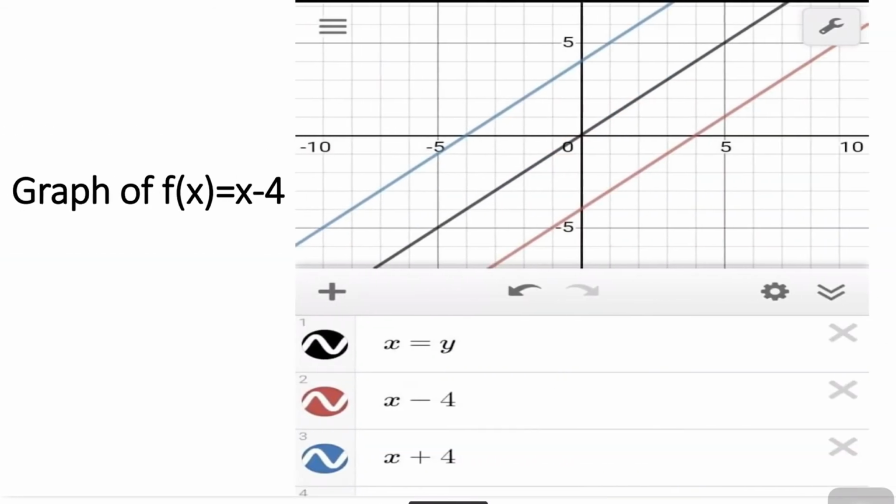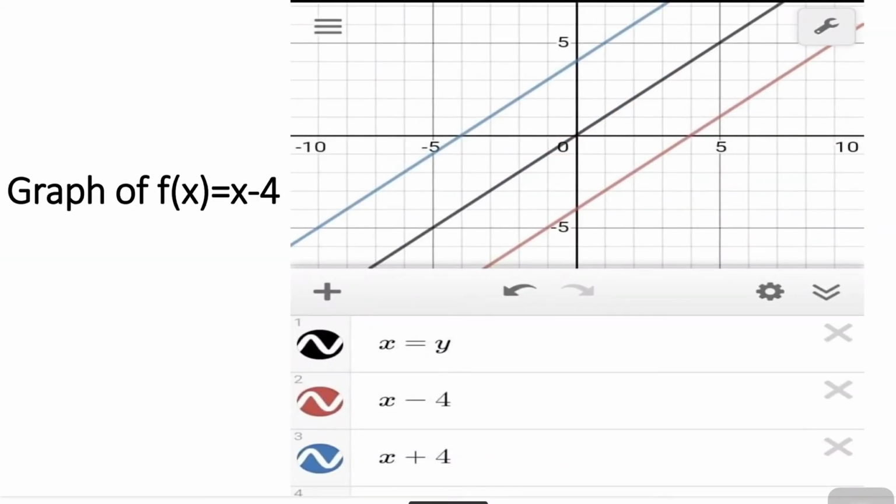So like this example, this is our example number 1. f of x is equal to x minus 4. Our mirror here is the black line, and our graph of f, x minus 4, is the red one.